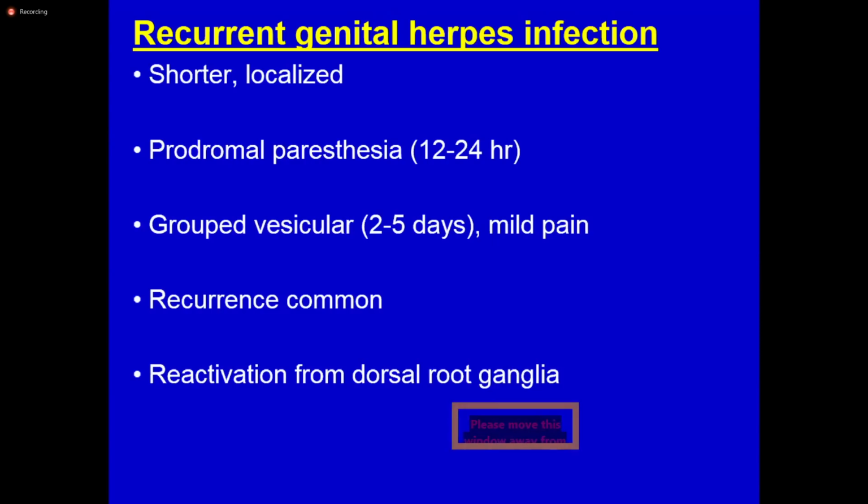Paresthesia means numbness. They come in groups and stay about 2 to 5 days with mild pain. Recurrence is common, we said. Reactivation from the dorsal root ganglia. Right? We said herpes simplex type 1 from trigeminal ganglia.